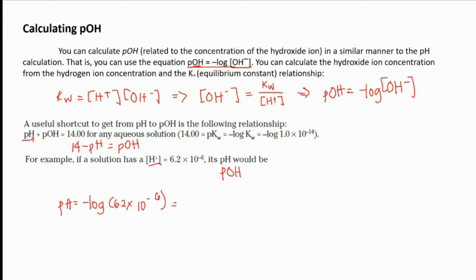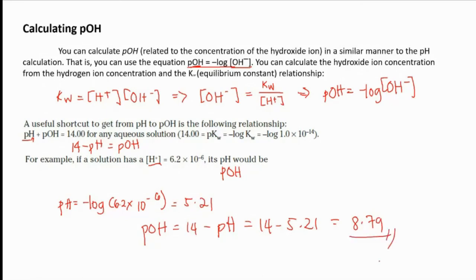Five point 20761. 5.21, ma'am. 5.21. Tapos, pOH natin is 14 minus pH. 14 minus 5.21 is equal to? 8.79, ma'am. Okay. 8.79. Okay?